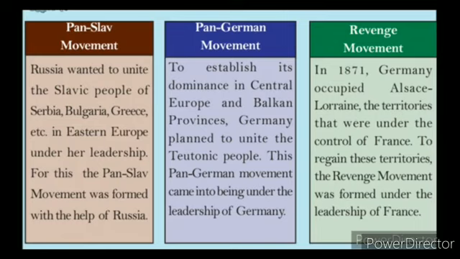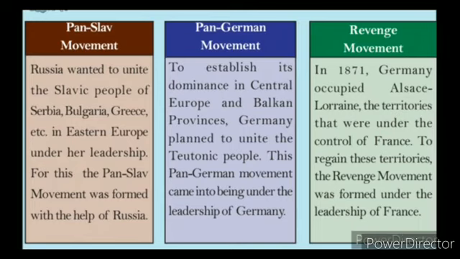One, Pan-Slav movement, which was formed by Russia for uniting the Slavic people of Serbia, Bulgaria, Greece. Second national movement was Pan-German movement formed by Germany for dominating the Central Europe and Balkan provinces on the basis of the Teutonic people.